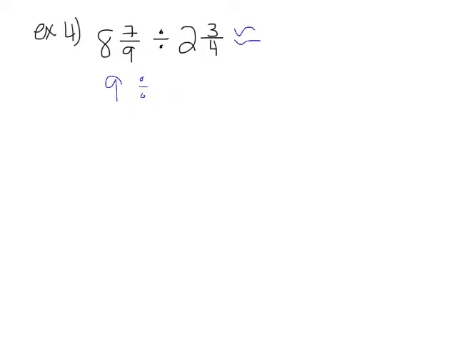And 2 3/4, the 3/4 is closer to 1, so I'm going to round that 2 to 3. So 9 divided by 3 is about 3. So 8 7/9 divided by 2 3/4 is about 3.